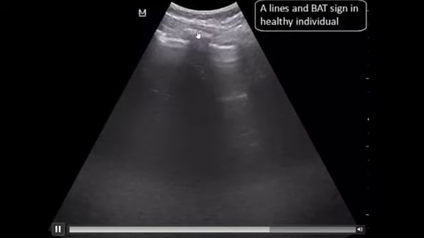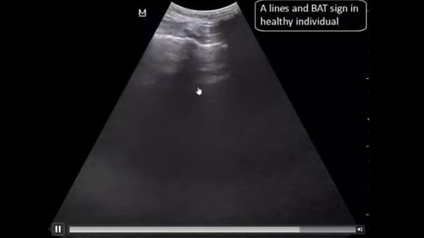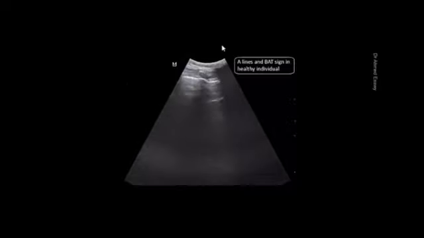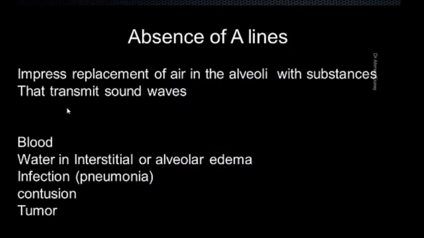Bat sign. This is the rib line with distal acoustic shadow. In between two ribs there is the white pleural line, which is present 0.5 centimeter below the rib line.